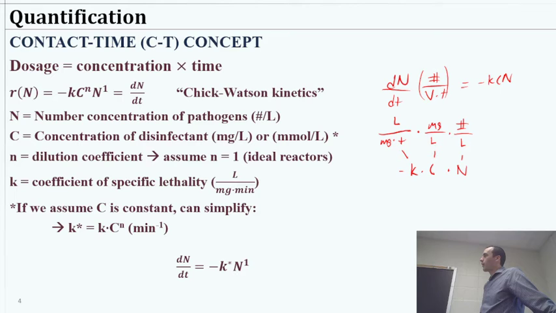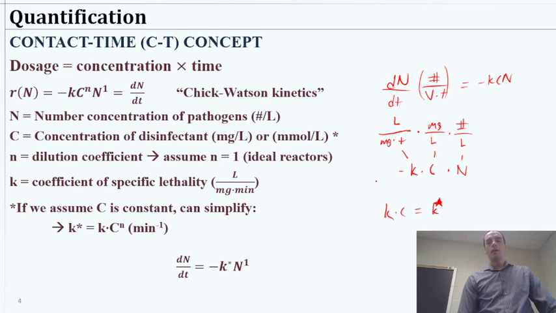If you think about it, this K in particular starts looking a lot like our zero order kinetics. But it's not. It's going to be first order kinetics, because when we multiply K and C together, we're going to call this K star, K times C. We'll say that's just some mashed together constant.